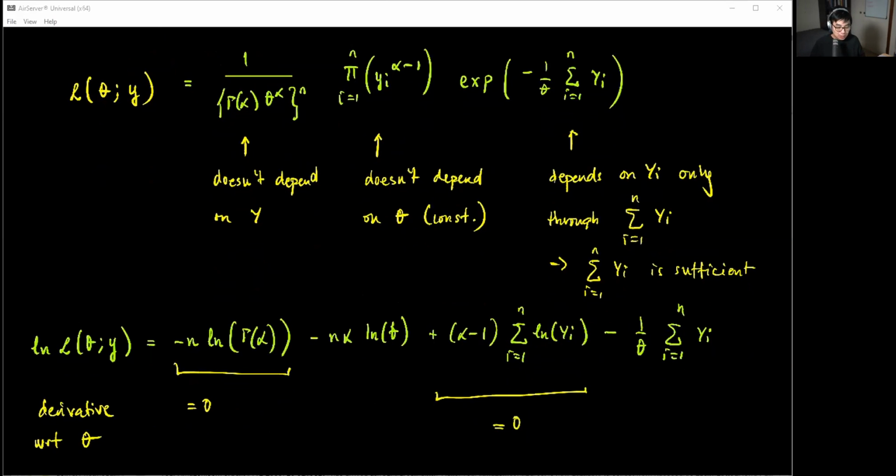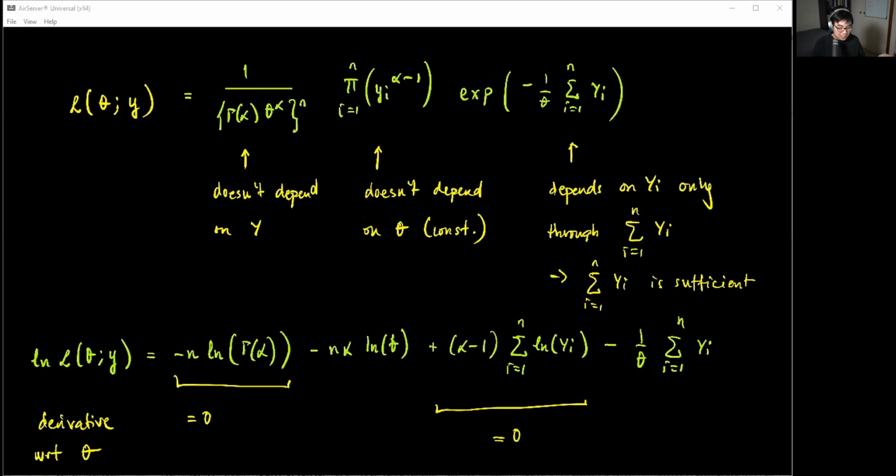So we can already agree that this entire thing right here doesn't really matter, because it doesn't depend on theta, it doesn't have any impact on the estimate of theta. It's not relevant for calculating theta. So it doesn't matter.